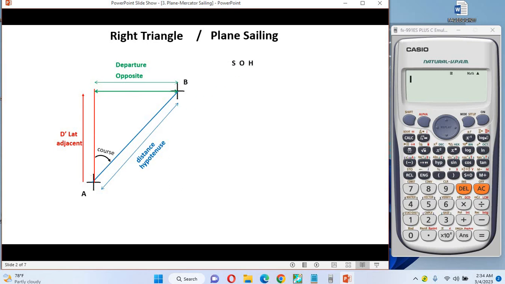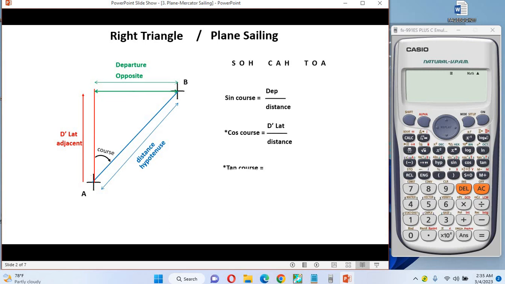And of course, the SOH CAH TOA to derive the formula. Sine is opposite, that's departure over hypotenuse, which is the distance. Cosine is the adjacent, which is dlat over distance.